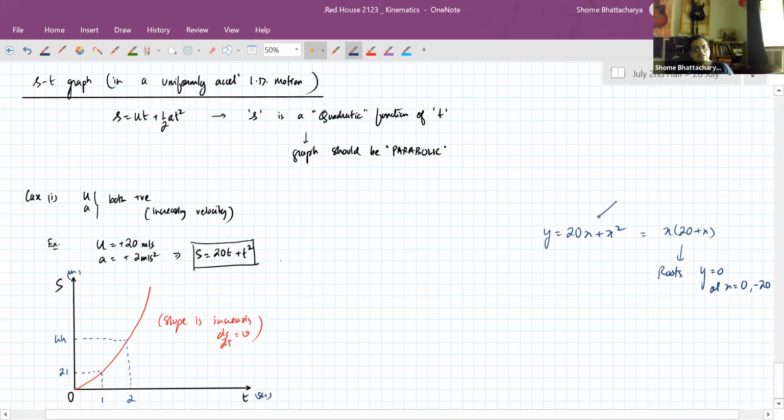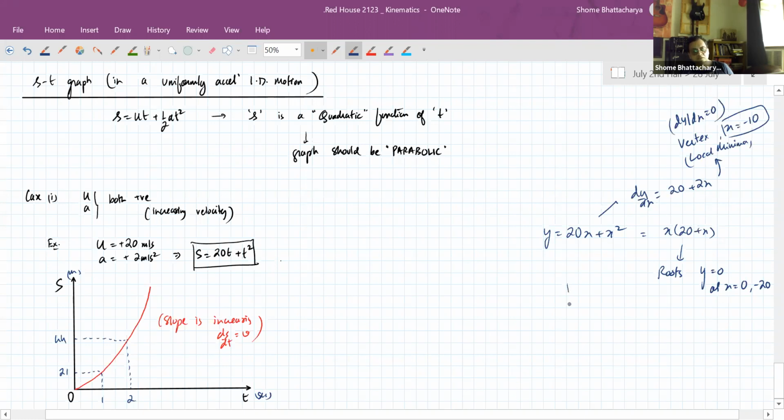And if you differentiate it, dy by dx is equal to 20 plus 2x. So you can see that its vertex, that is the local minima point, is at x equal to minus 10 because dy by dx is 0 at that point.